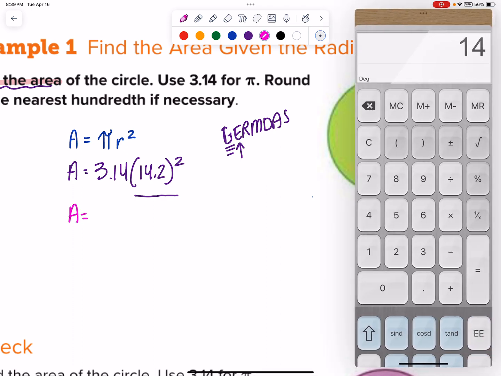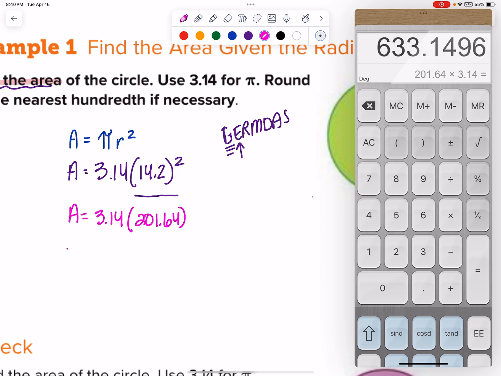And so let's go ahead and start solving this. So we have 14.2. And then you can either use a squared button or you can just times 14.2. Just make sure you don't do times 2. That's not what we're doing. So we have 3.14 times 201.64. Okay? Then we're going to multiply that, 3.14, and we get an area of 633, round to the nearest hundredth.